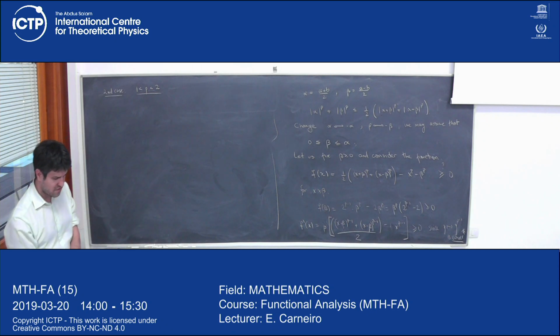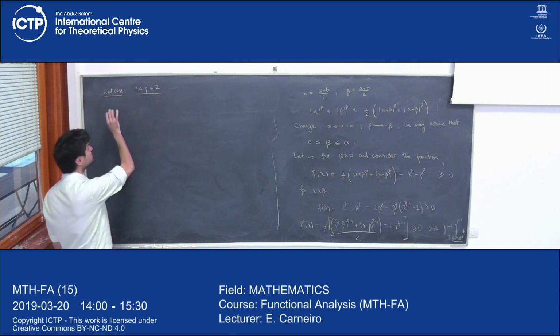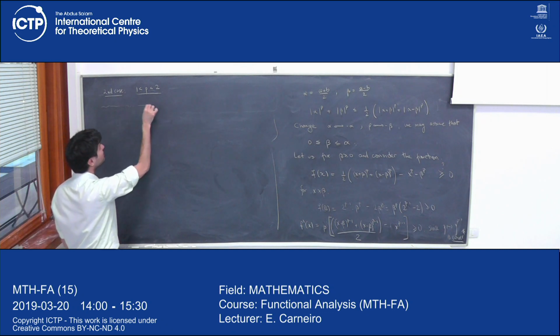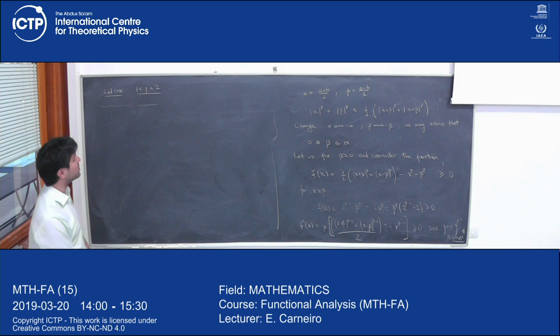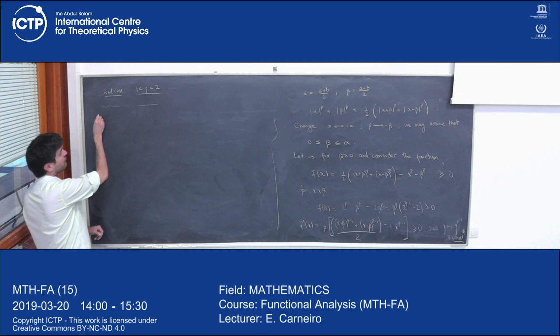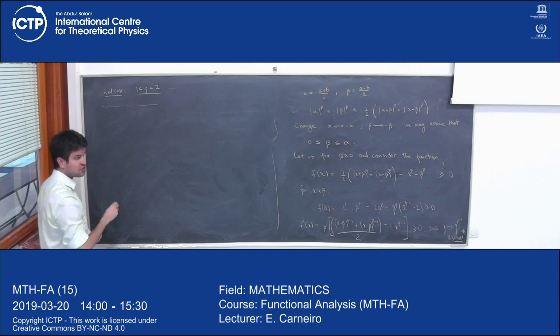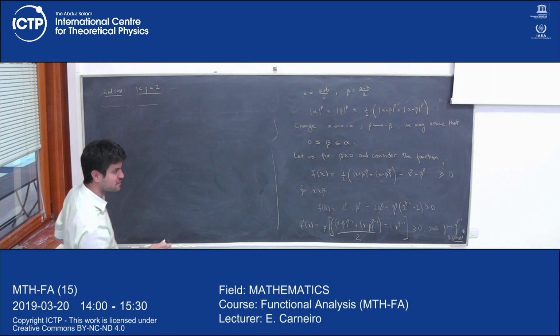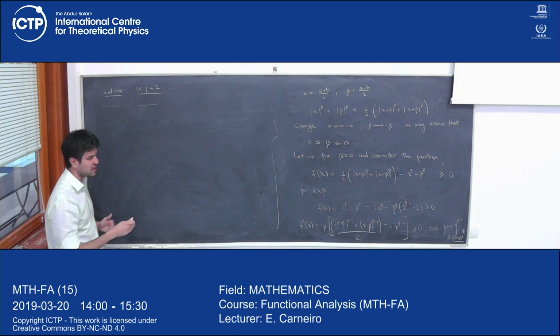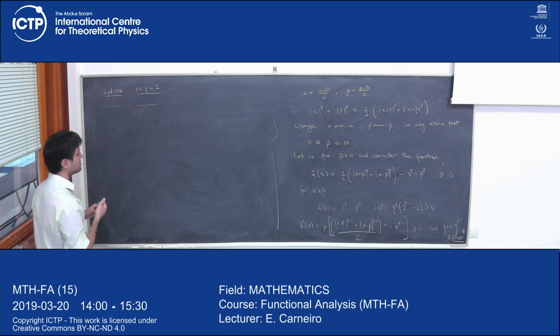Okay, so let's do the following thing first. Before we do this case, let's try to do now. Let's try to construct the isomorphism between the dual of LP and LP prime. So let's see how we should do it.